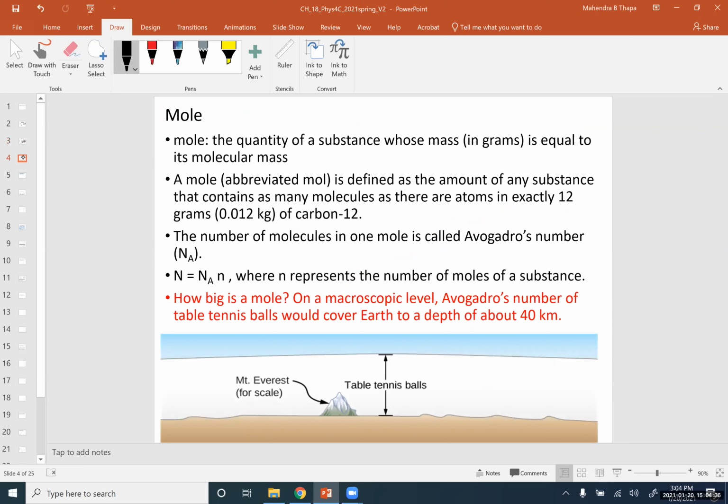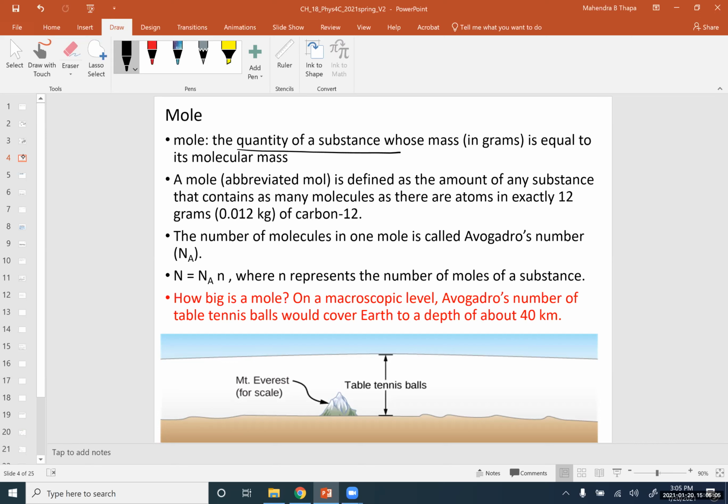Next, we can consider the mole. Mole is a unit to measure the quantity of substance. We define the mole as the amount of substance that contains as many molecules as there are atoms in exactly 12 grams of carbon C12.